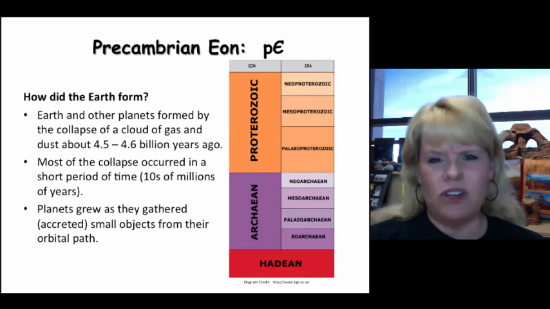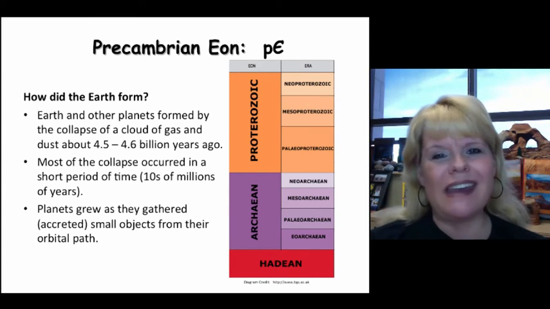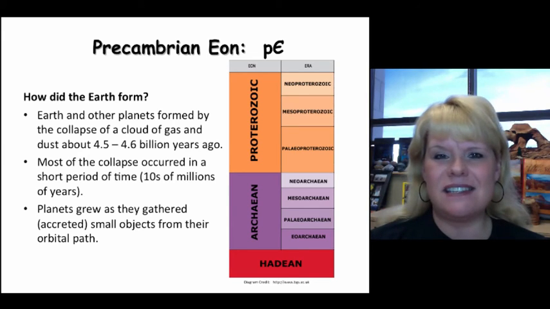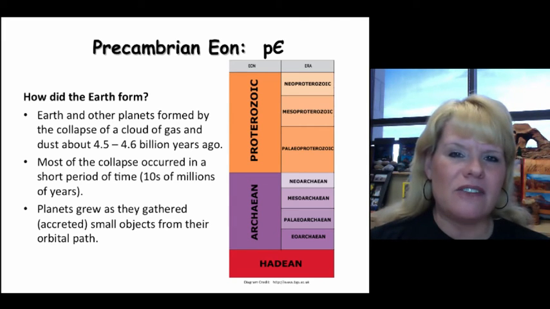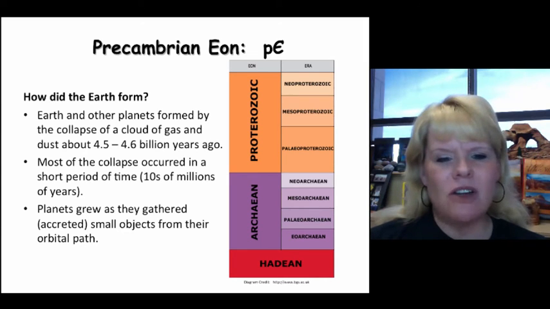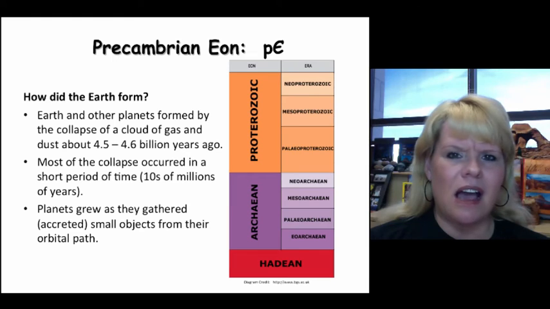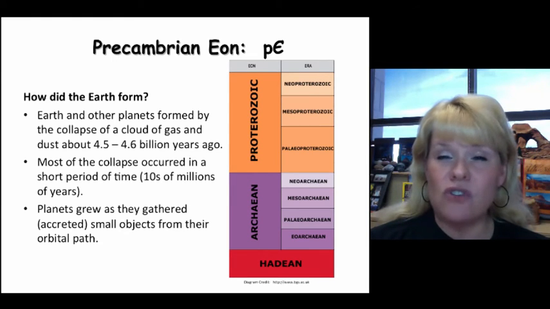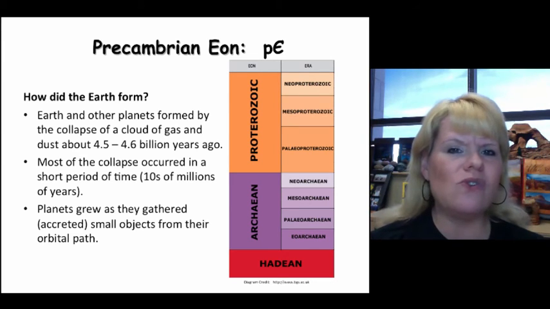So how did the Earth initially come to be? If you could imagine a swirling eddy of gas and dust, much like we can see in the solar system today for brand new solar systems that are forming. As this material finally coalesced, it actually collapsed in on itself. This process of collapsing to make a definitive structure known as our sun probably happened over a short, brief geologic time period, which would have been about 10 million years.